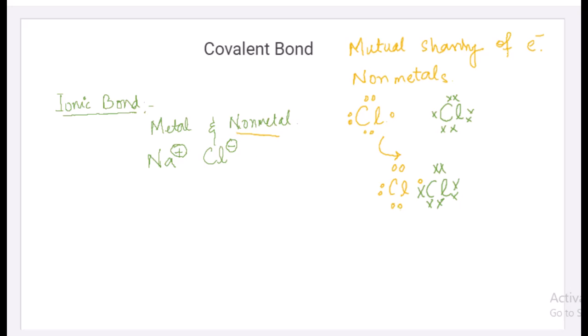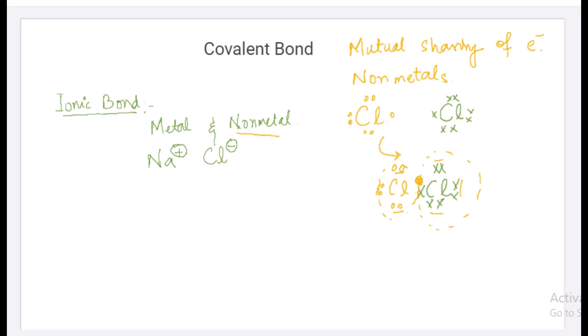Now you can see 2, 4, 6, 7 and now this electron is also in the valence shell of this chlorine atom. So 8 are completed. Similarly for this chlorine, 2, 4, 6 and 8. Now their shells are overlapping, right? This is the shell of this chlorine atom and this is the shell of this chlorine atom.